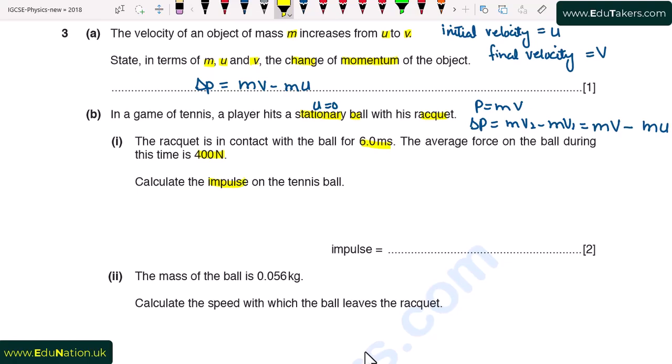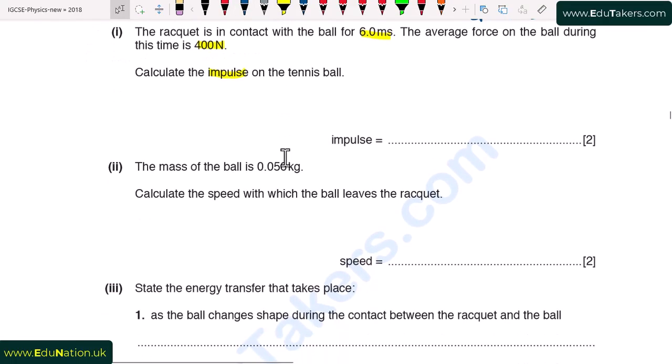Here we have to calculate impulse. For that we have to know what is impulse. So impulse is the product of force and time. We know that according to second law of Newton, F is equal to ma, where acceleration is change in velocity over time.